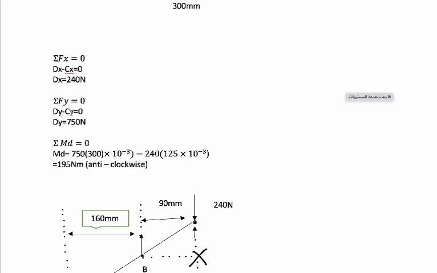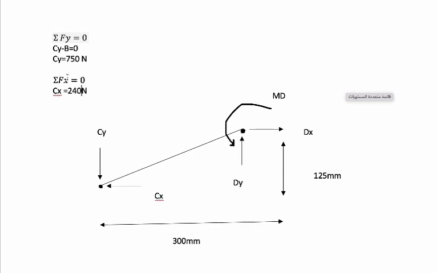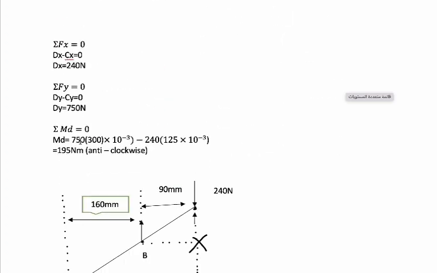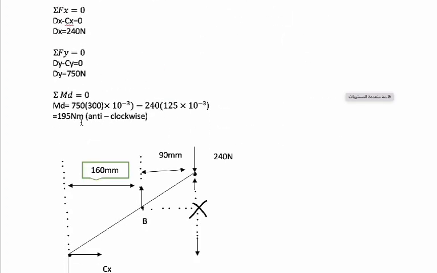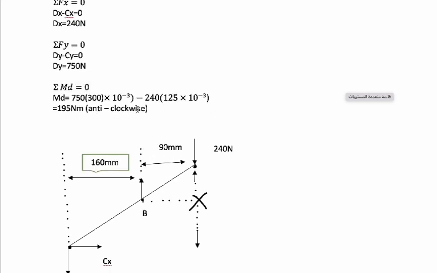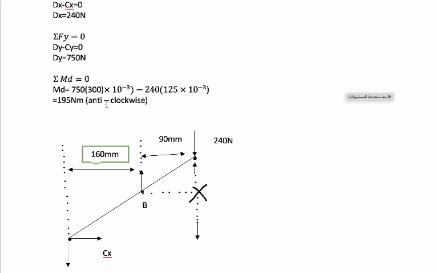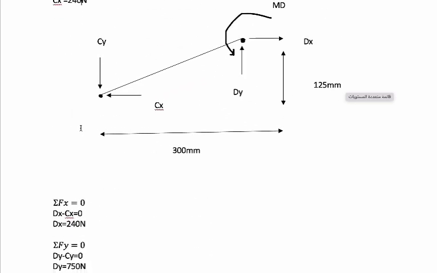And here the same with Dy, we get it from the previous one. So we do the equation of equilibrium of moment here. You can say that it is an anti-clockwise value as here.